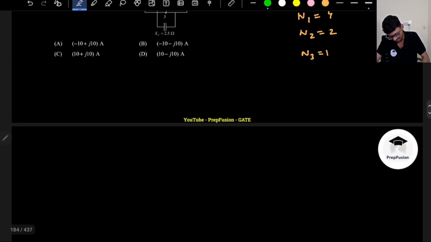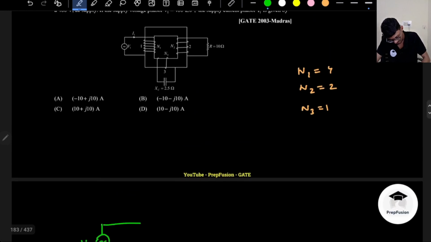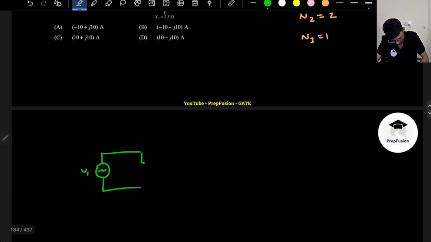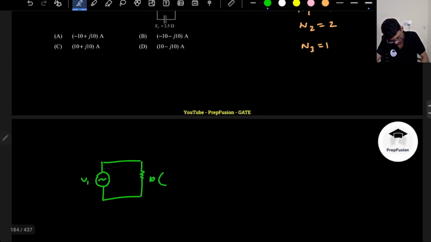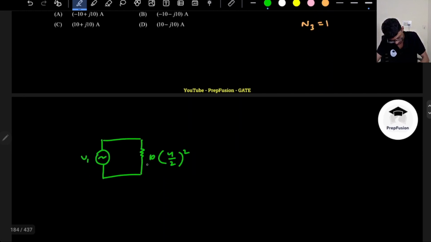So basically the circuit gets converted like this: I have this supply here, V1, and at the two points I can refer this R to the primary. So this will be 10 into (N1 divided by N2) whole square, so (4 divided by 2) whole square.